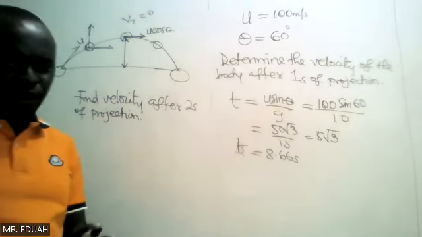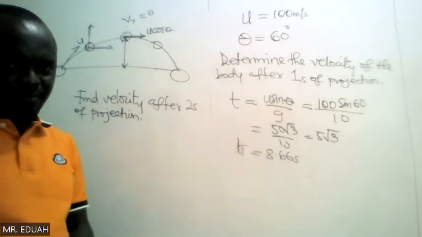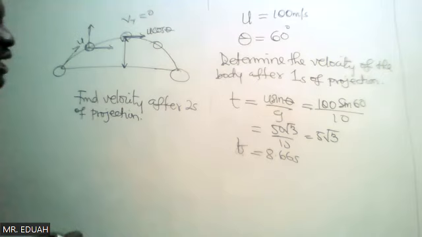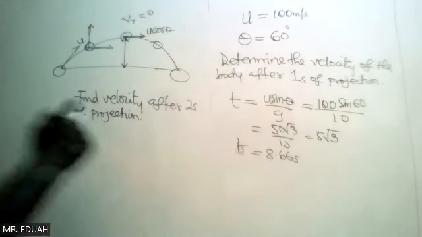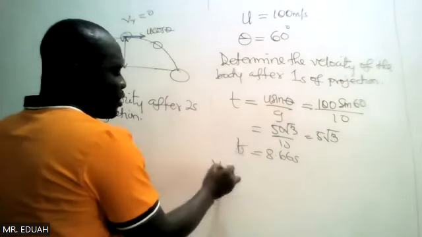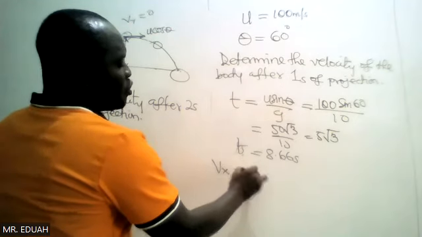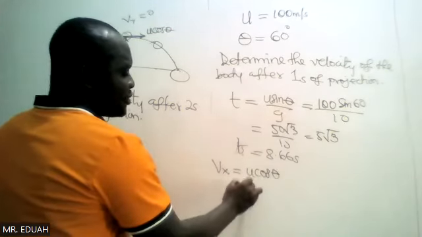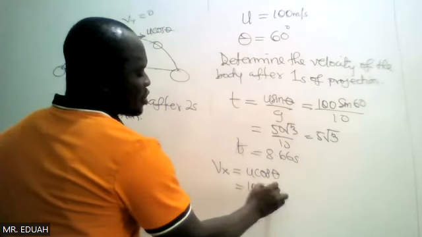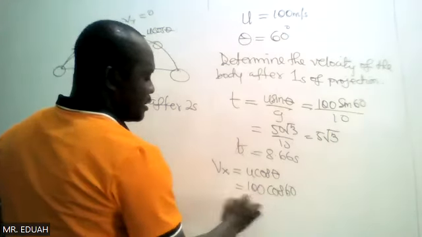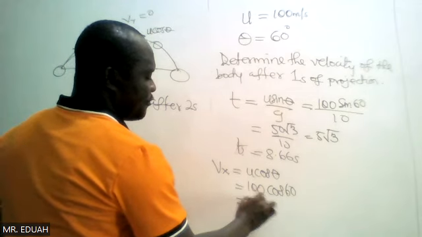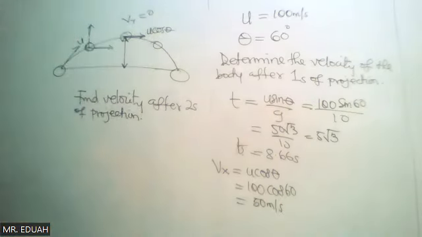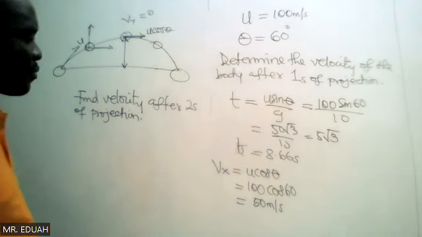Please, class, I hope you are following. How then do we find this velocity after 1 second? The horizontal one is u cos theta, and this is 100 times cos 60, which is 50 meter per second, because cos 60 is half.